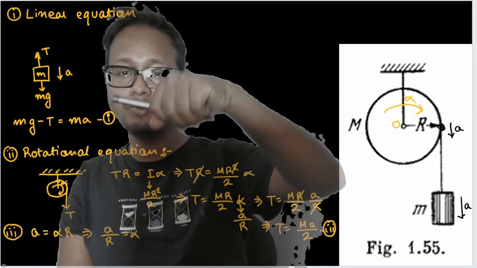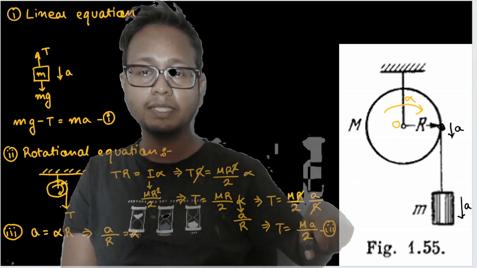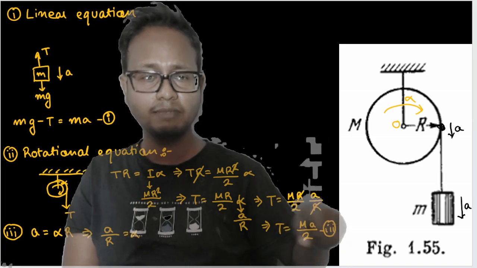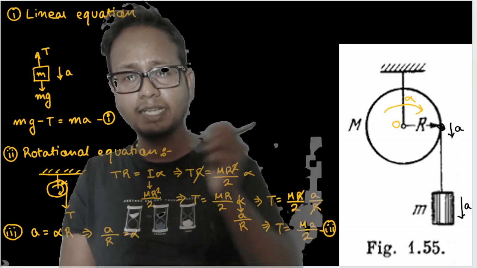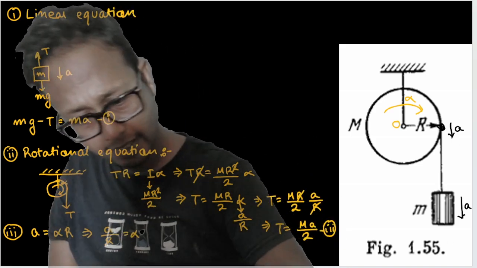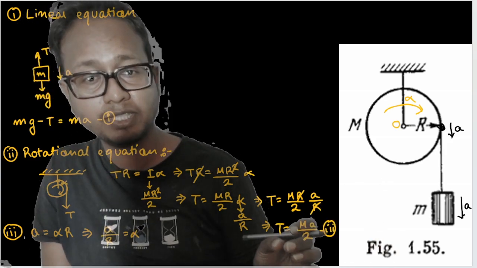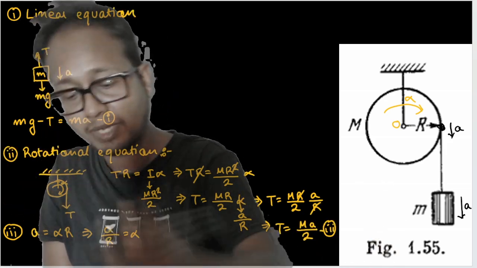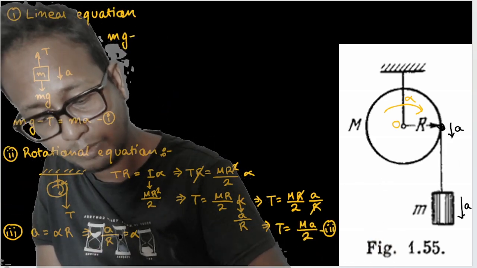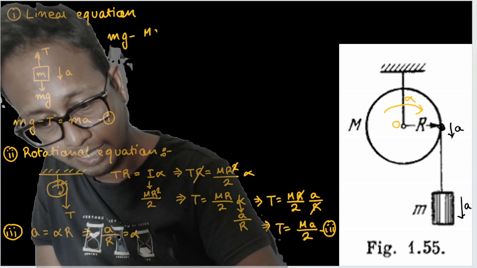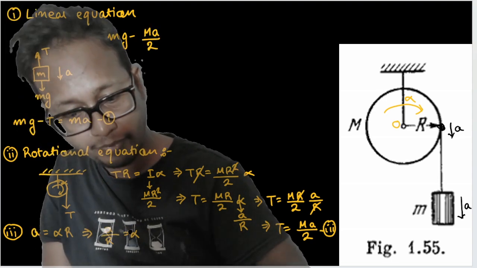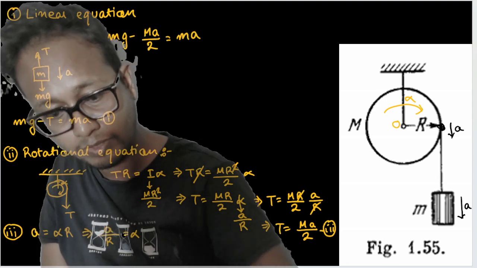Now solving the first equation, the second equation, and the third equation. Solving the first and second equations, I'll get the value of acceleration. Substituting this value of T out here in mg minus T. This is simple equation solving, nothing more, nothing less. M A by 2 is equal to mass into acceleration.